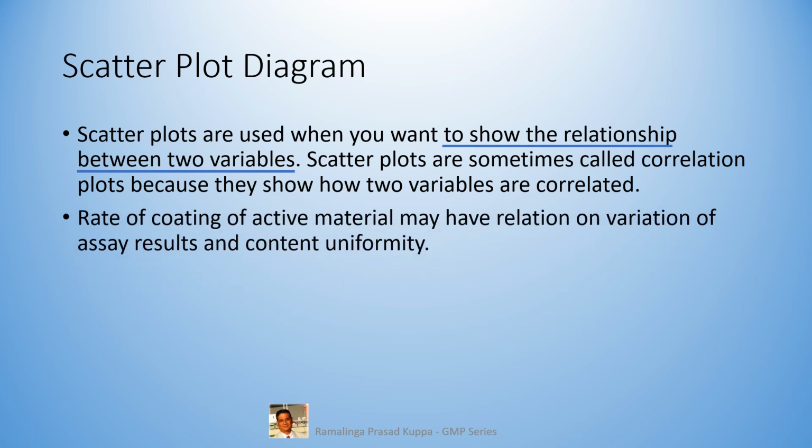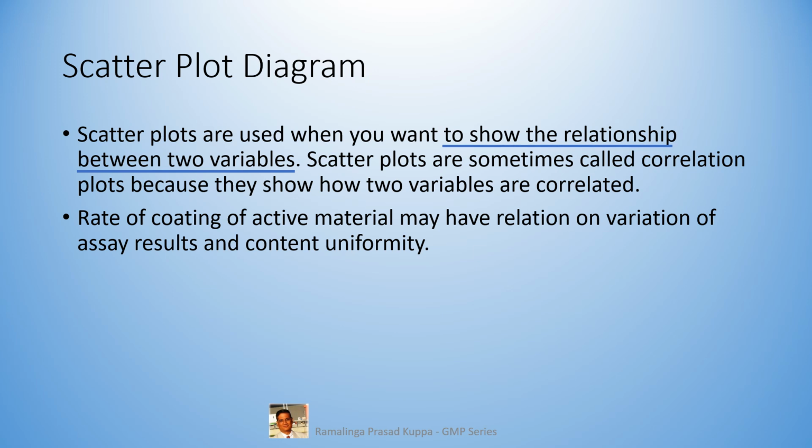Rate of coating of active material may have relation on the variation of assay results and content uniformity. This is a typical situation. The assay and content uniformity of the product granules depends upon the optimum spray time in the coating pan during granulation.